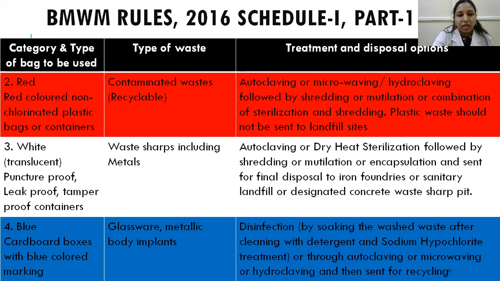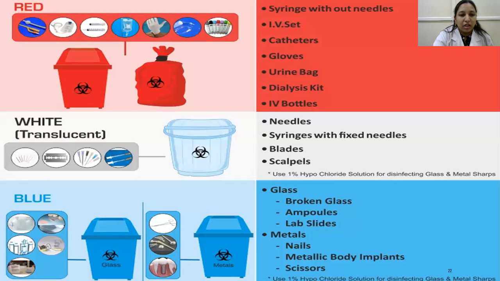So next category is the blue cardboard boxes, like the boxes you can see here. Here mainly glass or metal items are thrown. Glass items include mainly the glass slides, as in the laboratory they use so many lab slides. And not only that, broken glass, samples, vials, all this can also be thrown into the blue cardboard boxes.